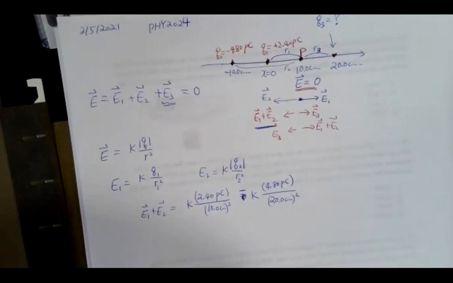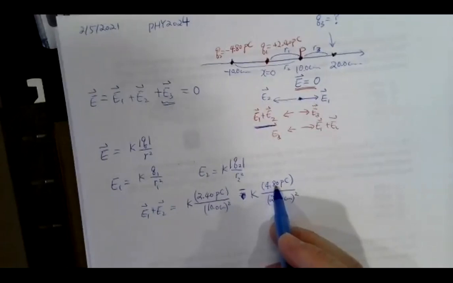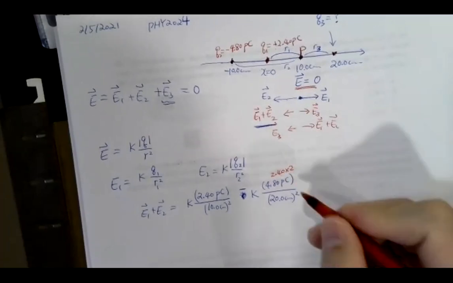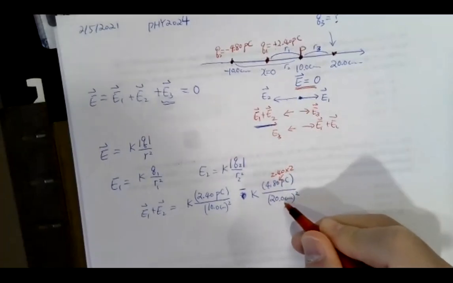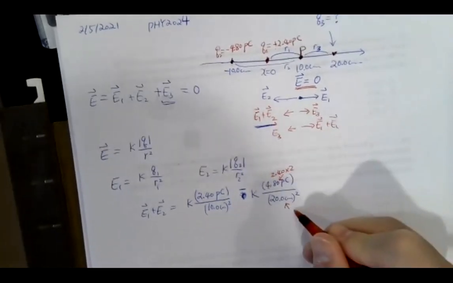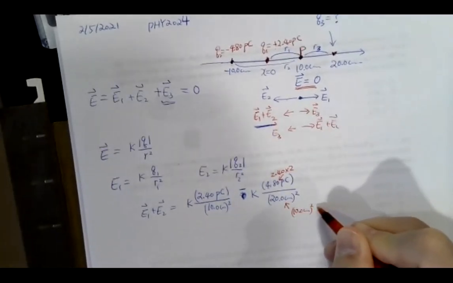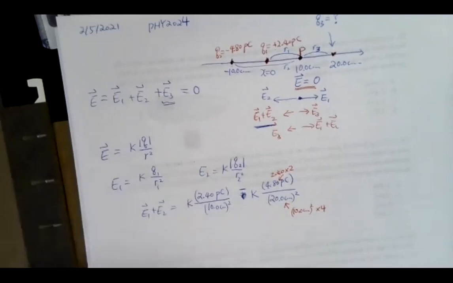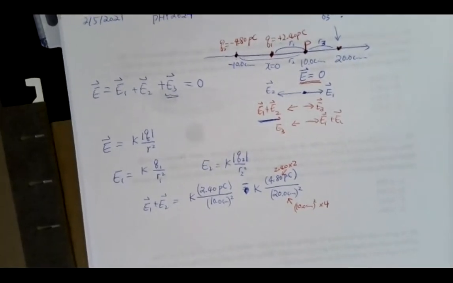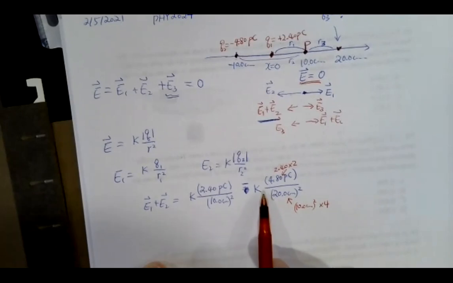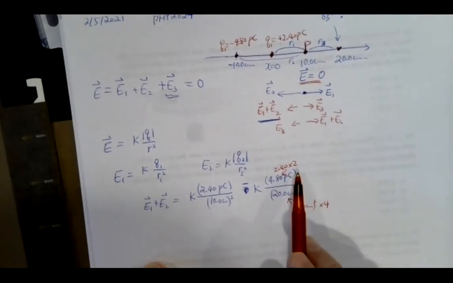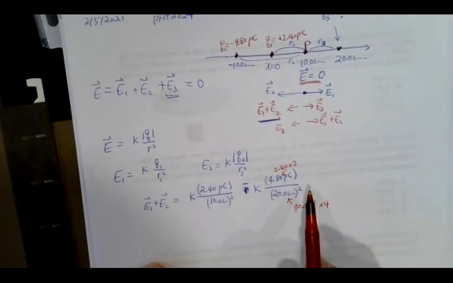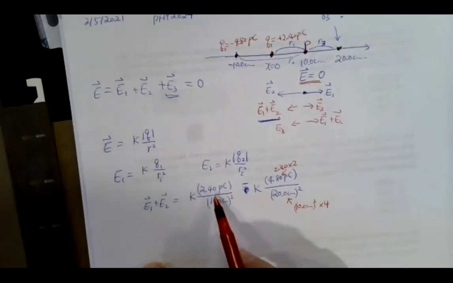So you can kind of see here, this is 2.4, right? This one is 2.4 times 2. So 20 squared will be equal to 10 squared times 4, right? So we can see that because this is K 2.4 over 10 squared, and then multiplied by 2 over 4, which means 1/2. So this is 1/2 of that one.